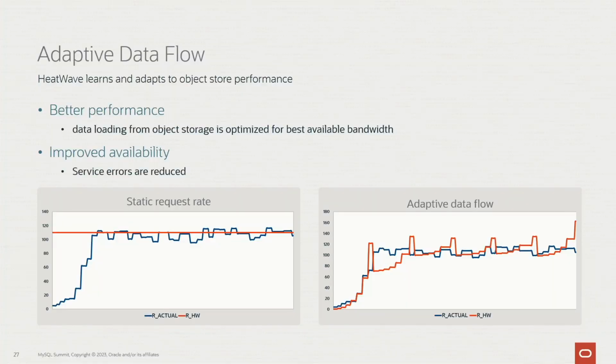This is one of the last features we did. As you know, for the Lakehouse, we have to read data from the object store. The user's data is in the object store owned by the user. We read it from there, and then we also load it into an internal bucket of the Oracle HeatWave. Now what happens is, in this particular case, the buckets are owned by the OCI team, and each bucket, depending on your tenancy, your agreement, has a different bandwidth and RPS provisioned.